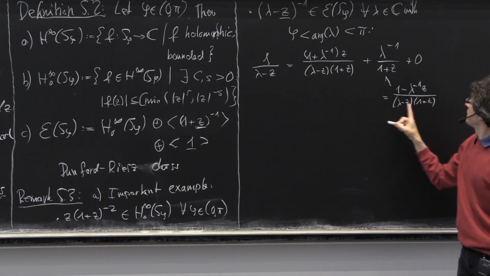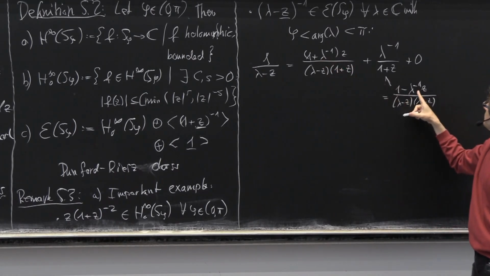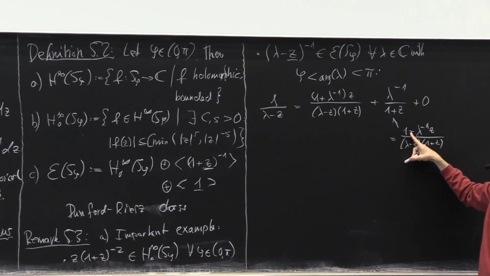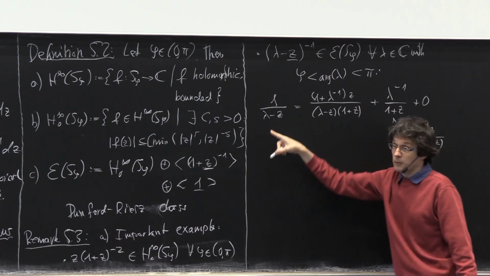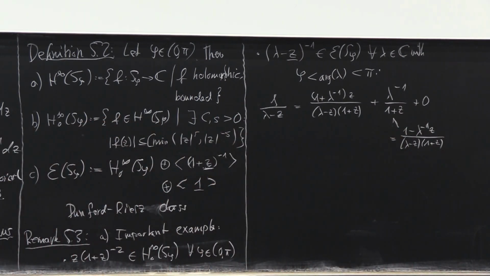And now if you add up these two, you have z plus lambda to the minus 1 z minus lambda to the minus 1 z plus 1. So this gives you z plus 1 over this. So this gives you exactly that one. It's just, as I said, writing easy things complicated is always a good thing.